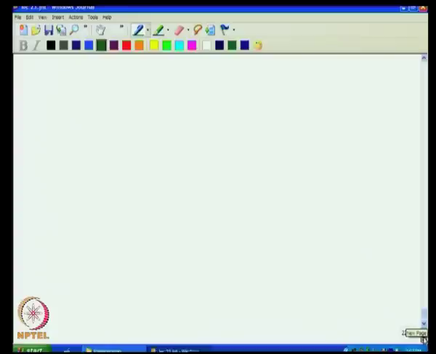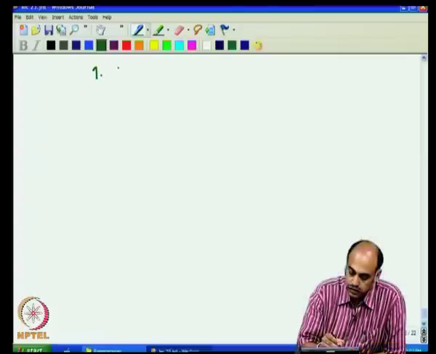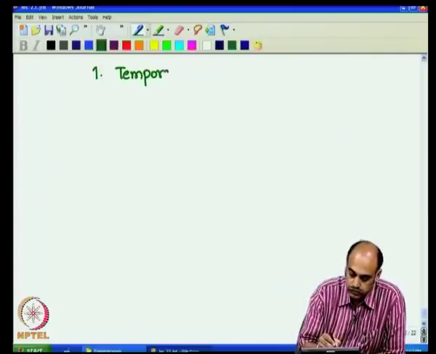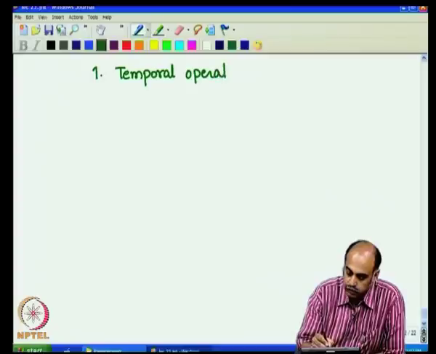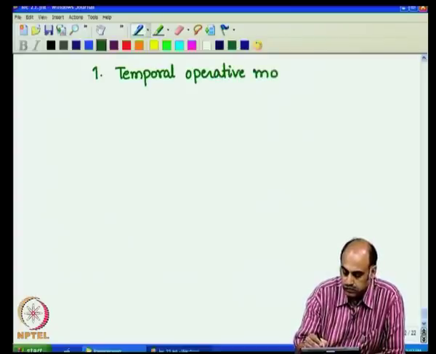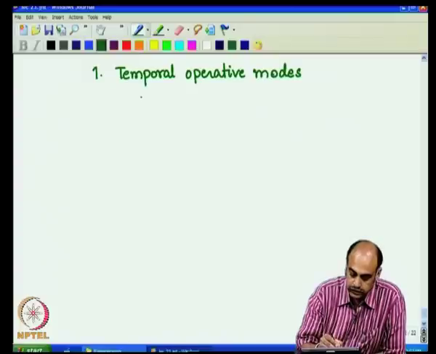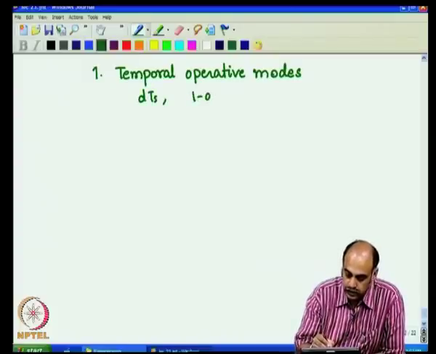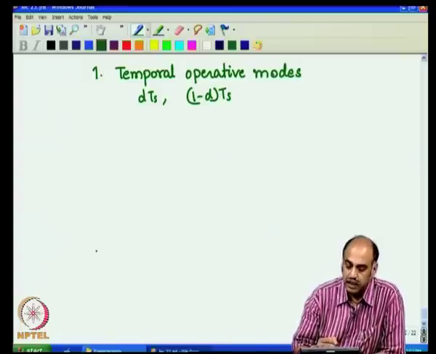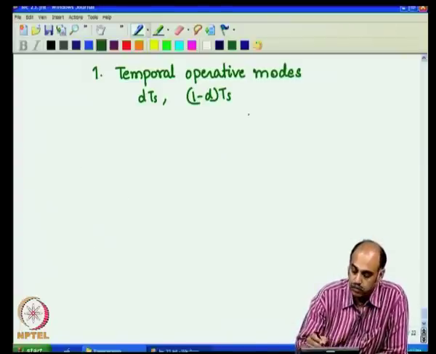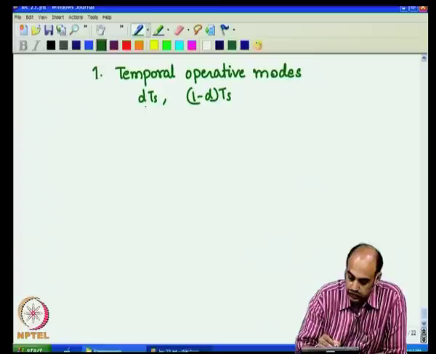So, summarizing the process, we first, from the circuit, depending upon the temporal modes, operative modes, that is dTs and 1 minus dTs time duration, split the circuit and obtain the separate models for each of the temporal modes.